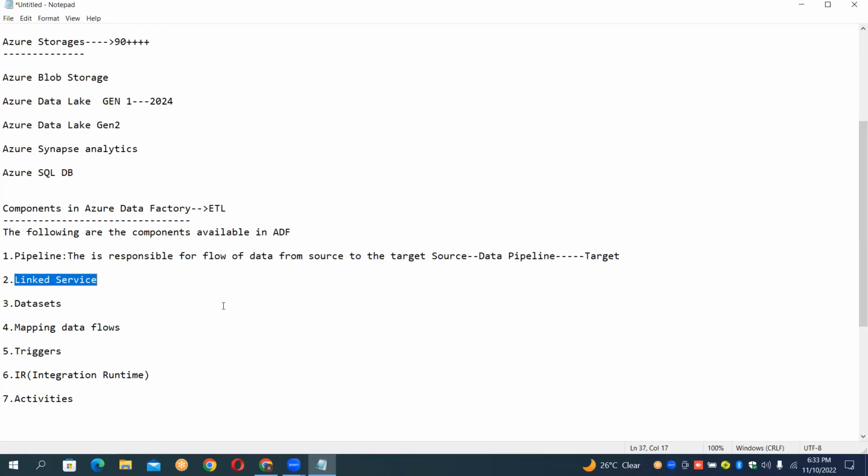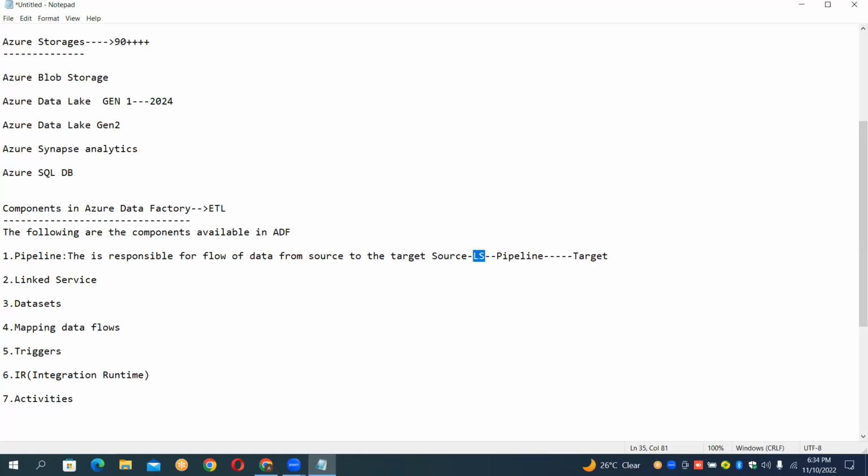Yes. In the same way here also, guys, the pipeline does not relate directly to the source. So to connect the pipeline with the source, we require a service that we call a linked service.